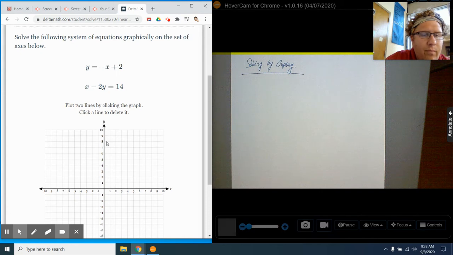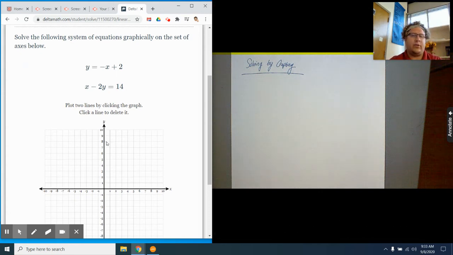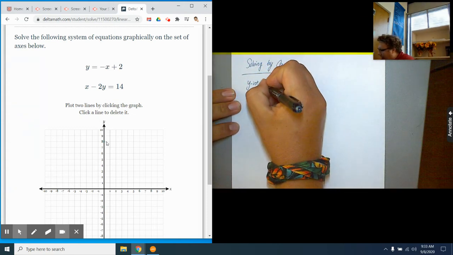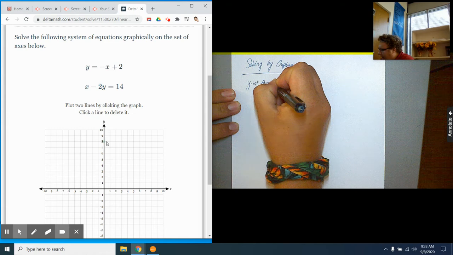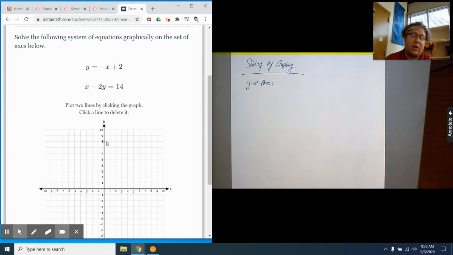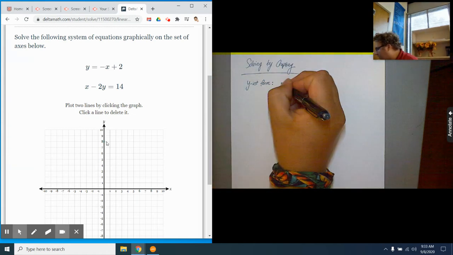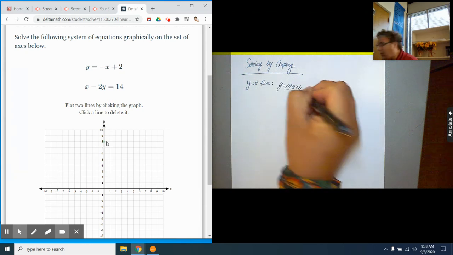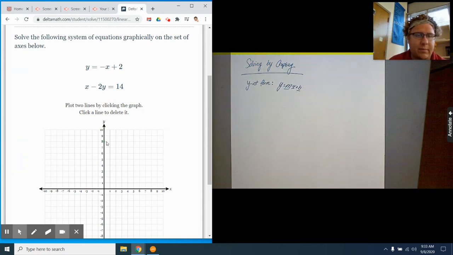So there's two different ways that I like to graph lines. The first way that I like to graph lines is in y-intercept form. And sometimes the equation can be given to us in y equals mx plus b form, where m is the slope and b is the y-intercept.